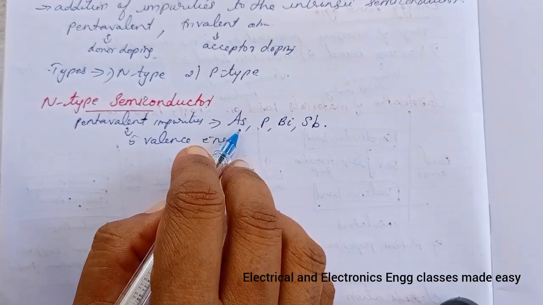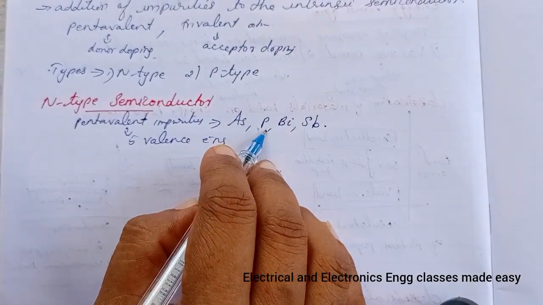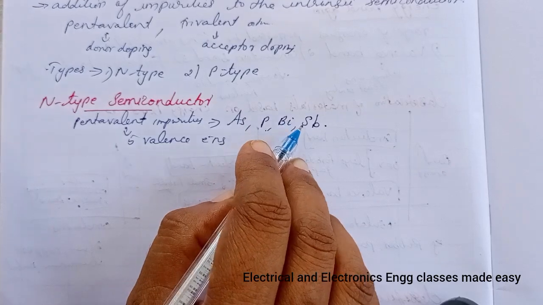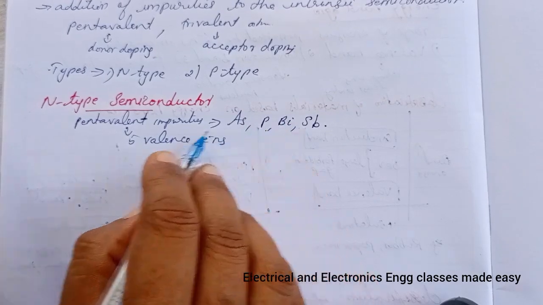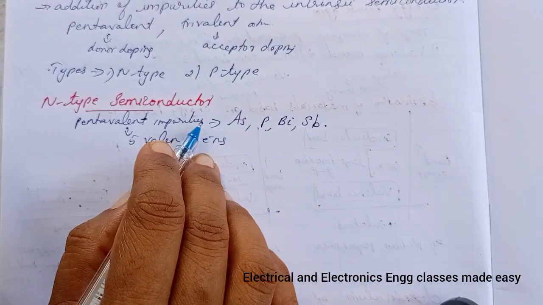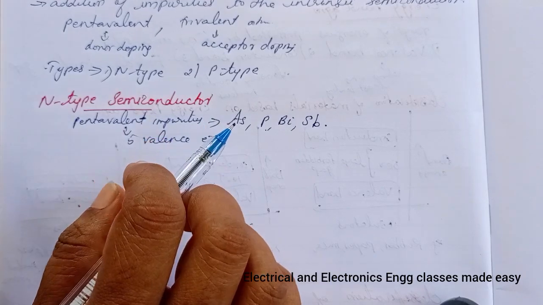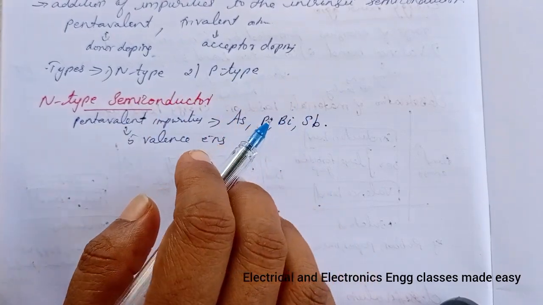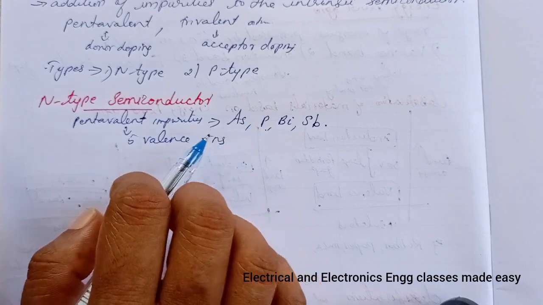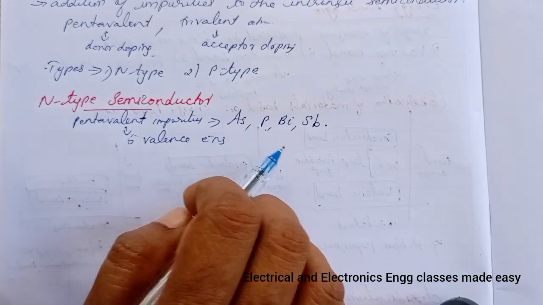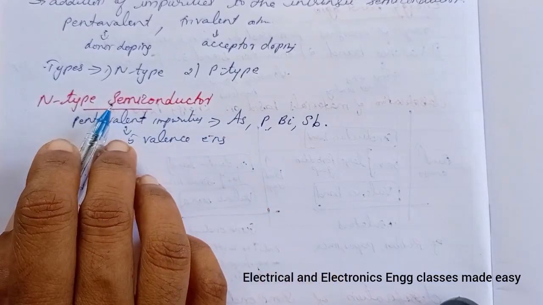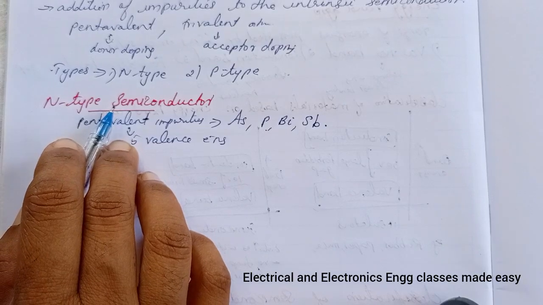When these atoms are added to intrinsic semiconductors like silicon and germanium, we get N-type semiconductors.